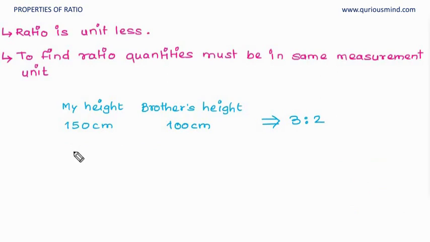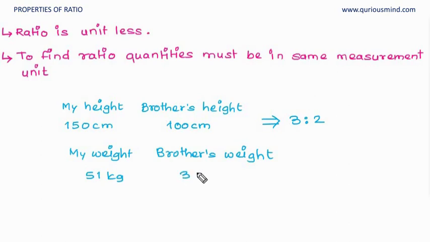Now let's look at my weight and my brother's weight. My weight is 51 kilogram and my brother's weight is 34 kilograms. So what is the ratio of my weight to brother's weight?